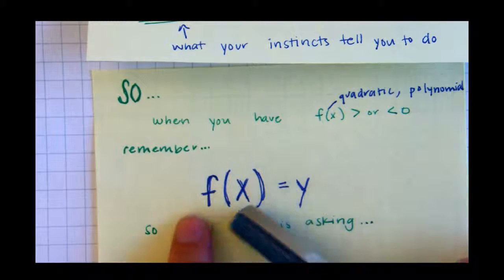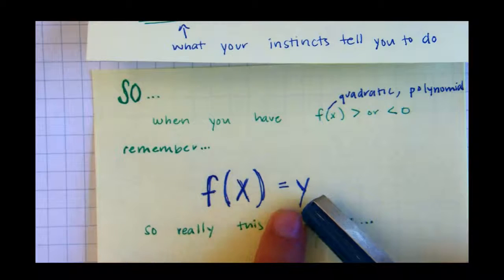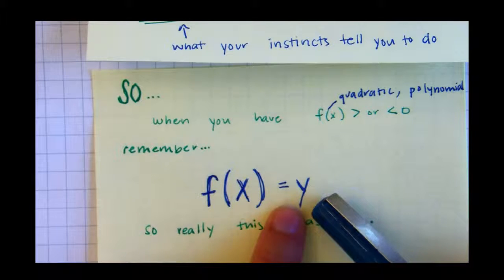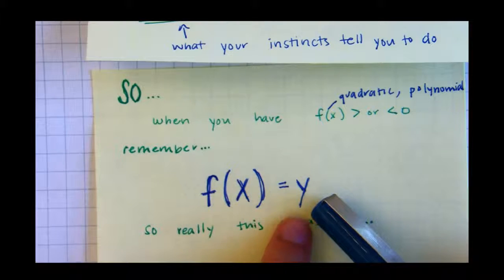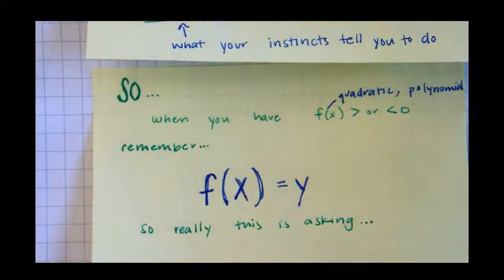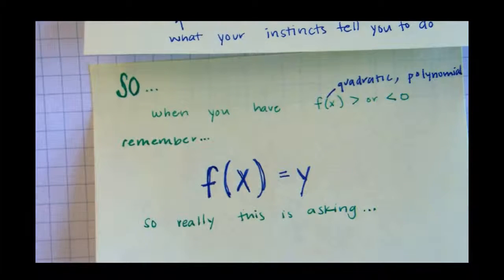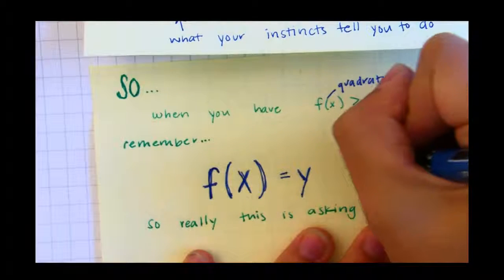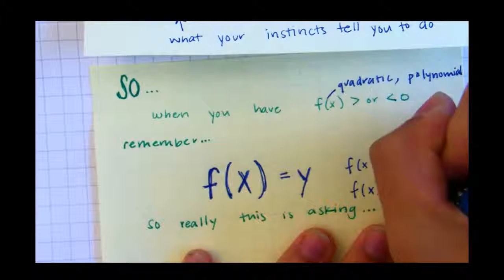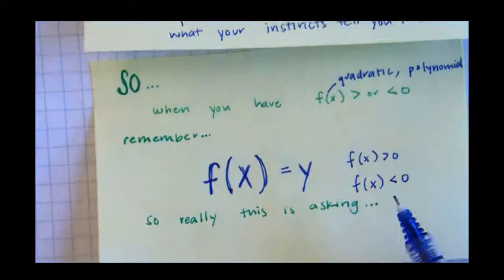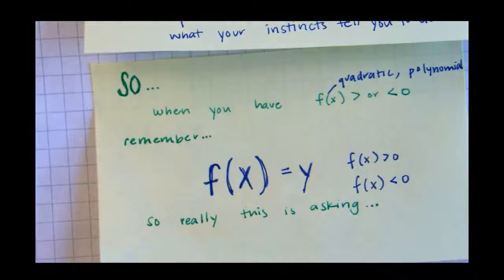Remember, and this is going to be key, f of x is equal to my y values. F of x, my function, gives me my y values. So when I have f of x is greater than 0, or when I have f of x is less than 0, what is this really asking?